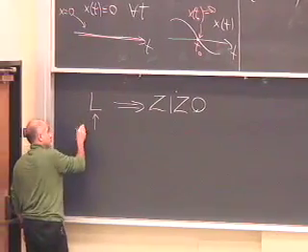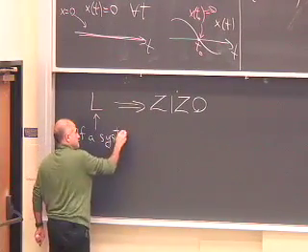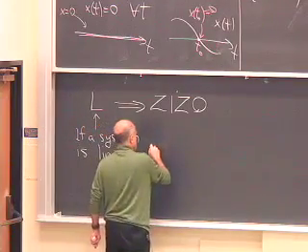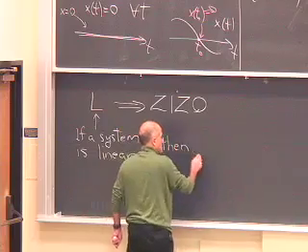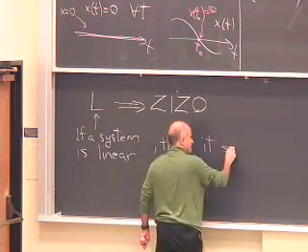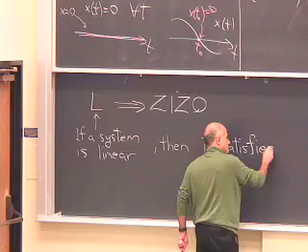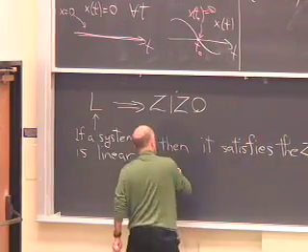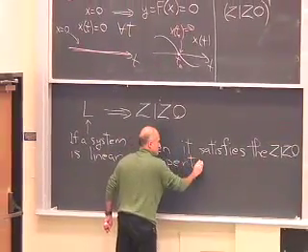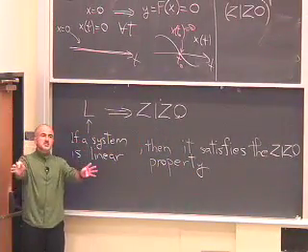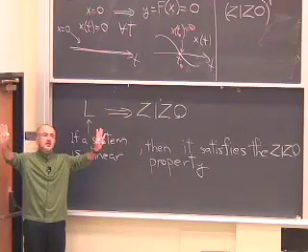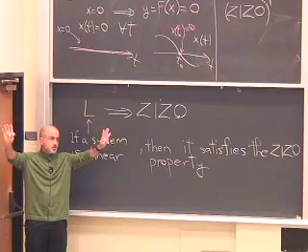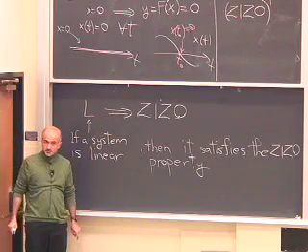If a system is linear, then it satisfies the ZIZO property. In other words, the moment I tell you a system is linear, you say, okay, I know one input-output pair. 0, 0. That's always an input-output pair of a linear system.